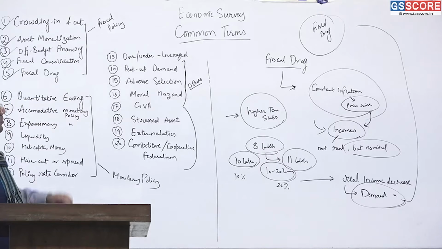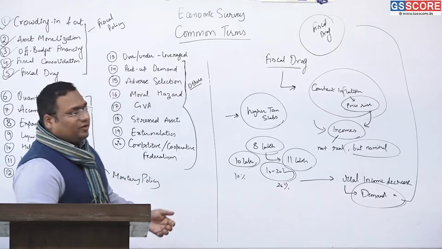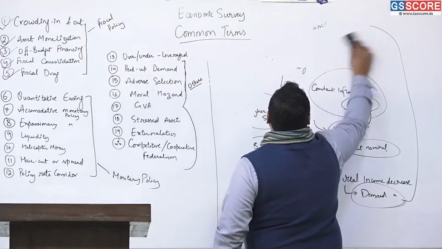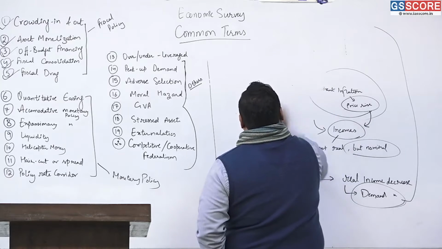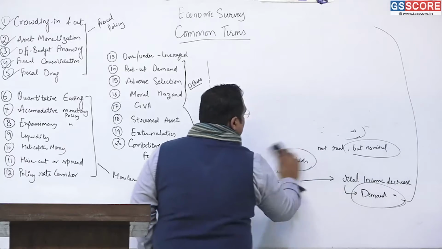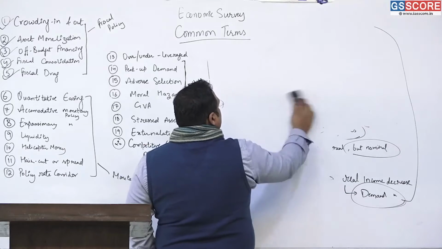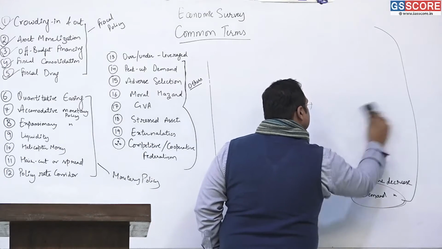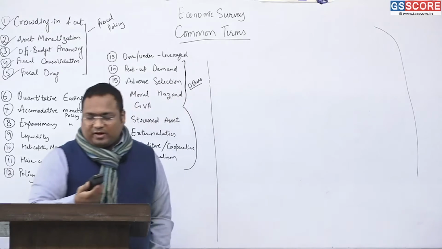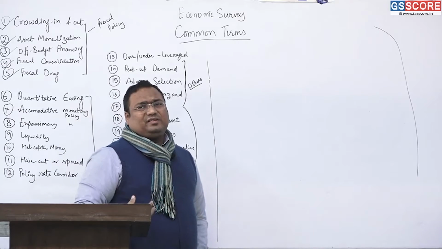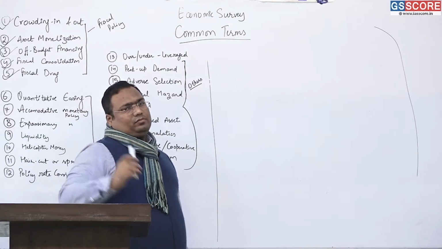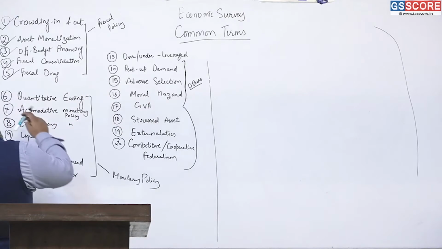So that is fiscal drag, and it happens due to progressive taxation. Now, in order to escape fiscal drag, countries have to revise their tax slabs from time to time if they have inflation. So that was the point.